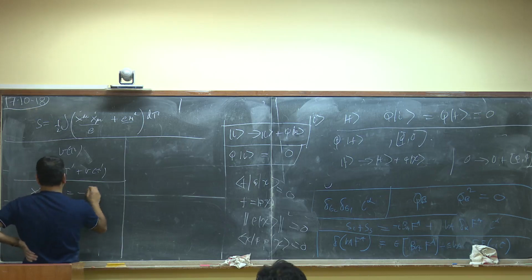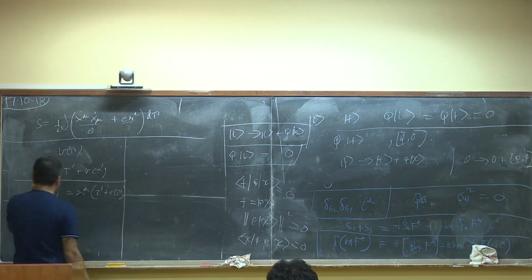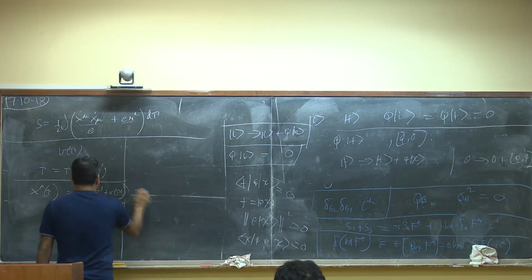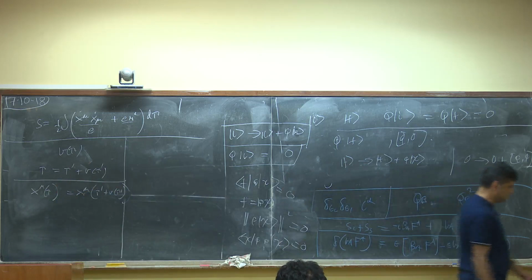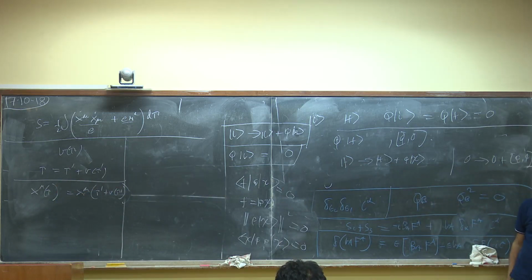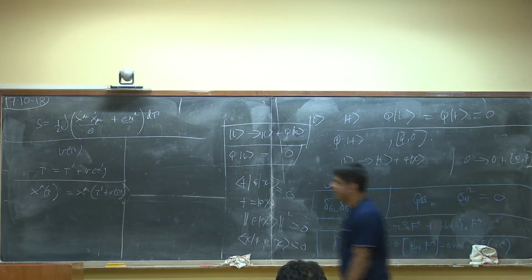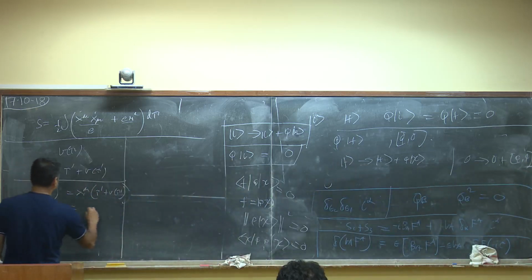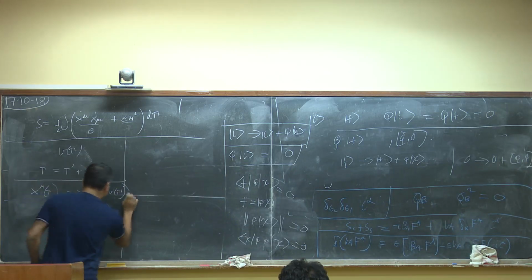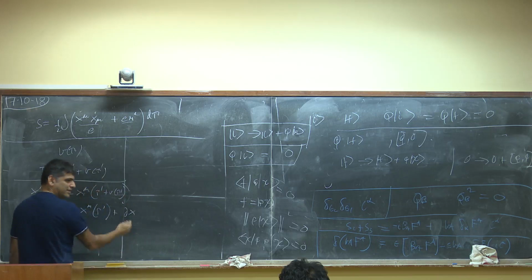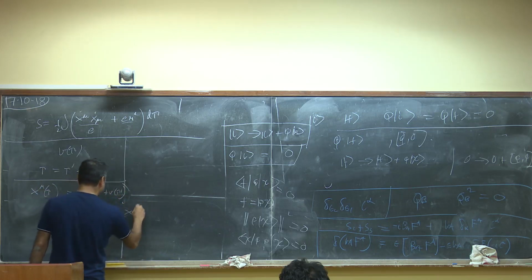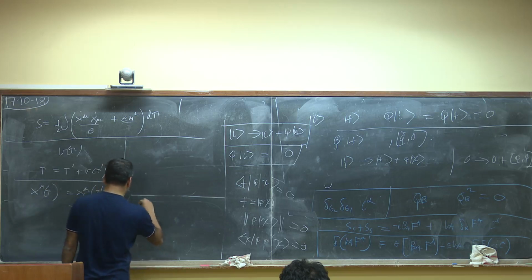That's equal to x mu of tau prime plus v of tau prime, which is equal to x mu of tau prime plus x mu dot times v of tau.